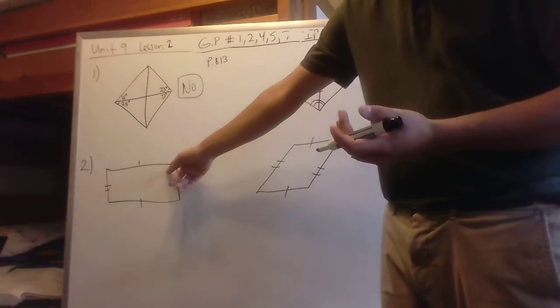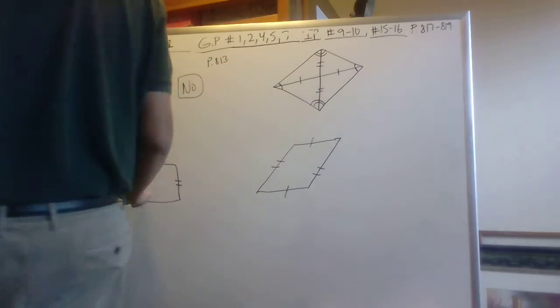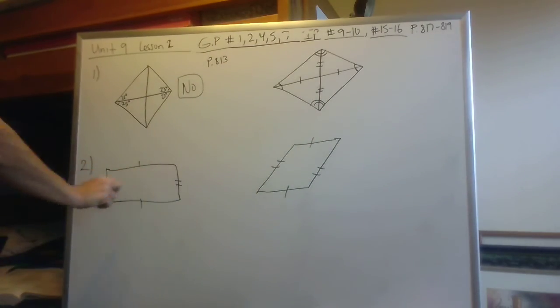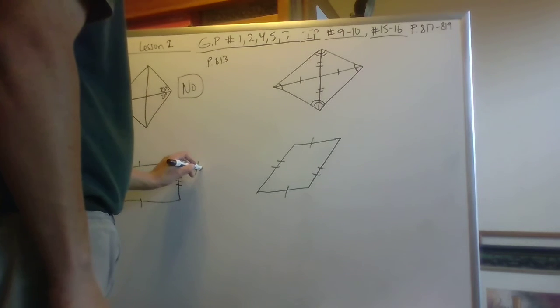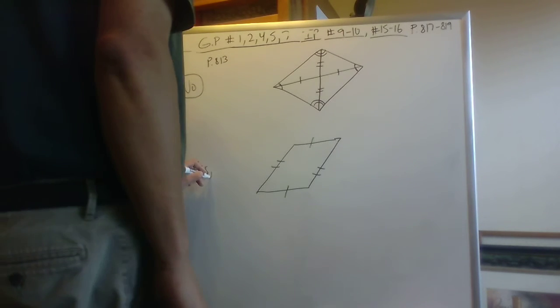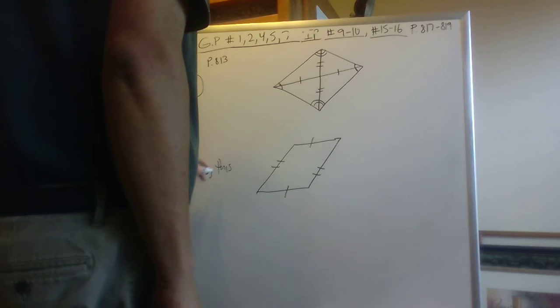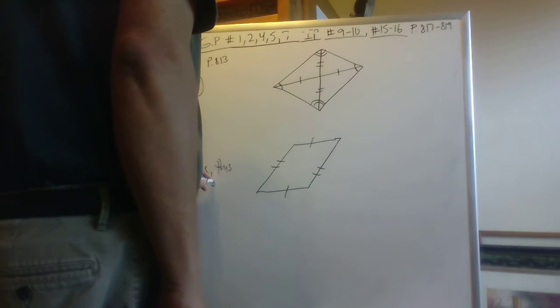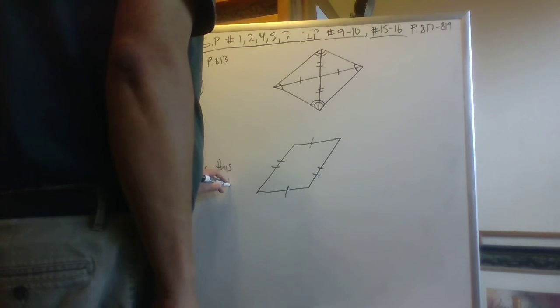So if we look at these opposite sides of this quadrilateral, they are congruent. So this would be a parallelogram. Yes, this is a parallelogram.